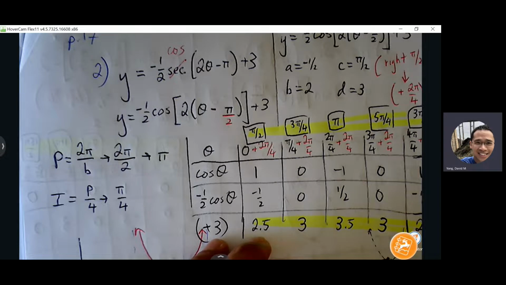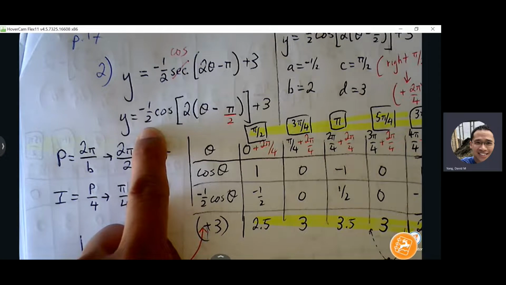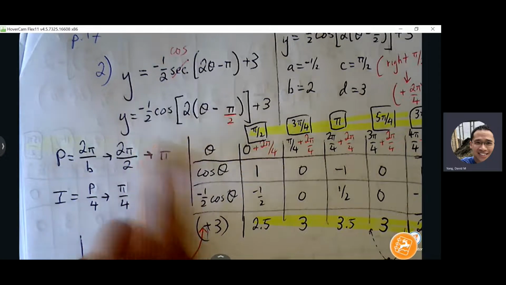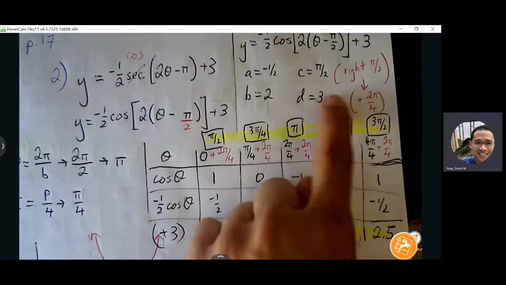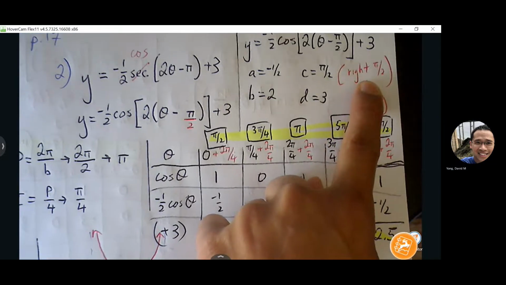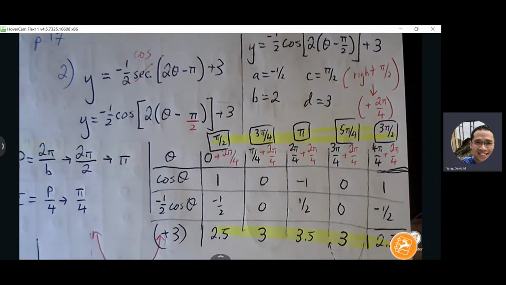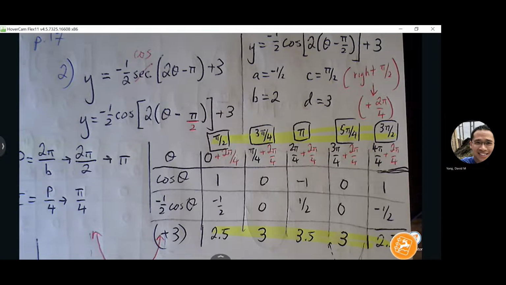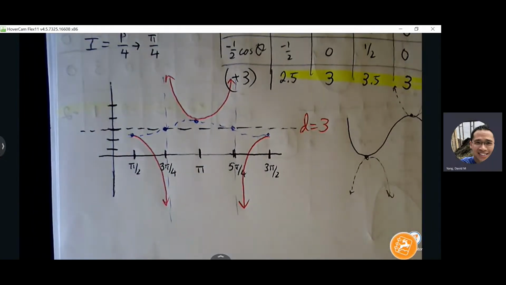So vertical stretch, we can say compressed by 1/2. For period, we can say pi. For phase shift, we can say to the right, pi over 2. For vertical shift, we can say up 3. So everything that you gather from cosine in terms of transformation is going to apply for your secant. Okay, any questions there?